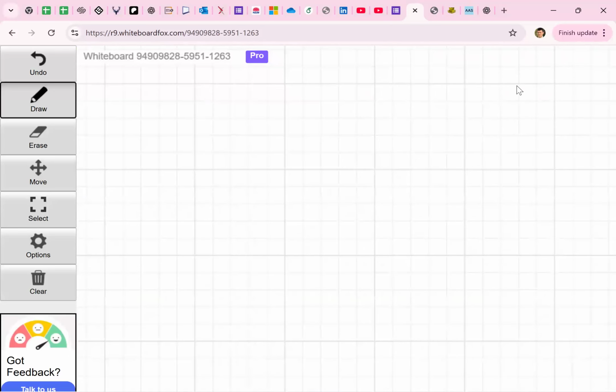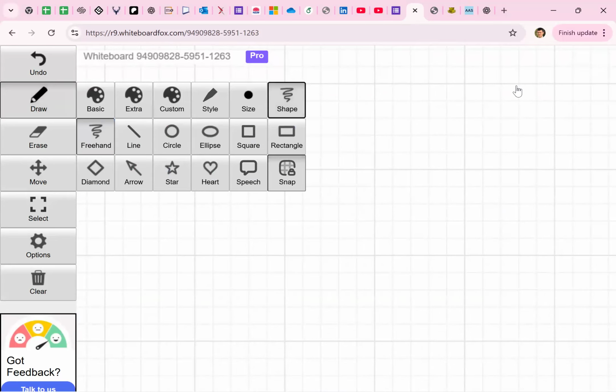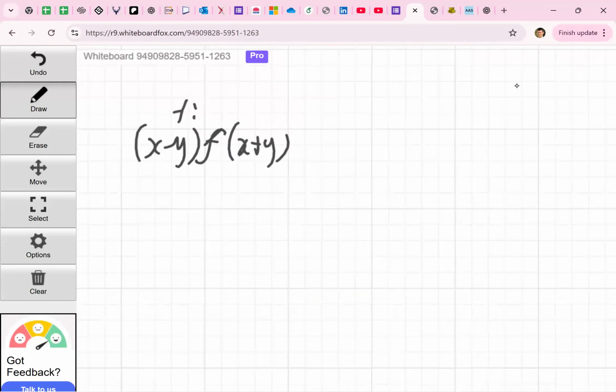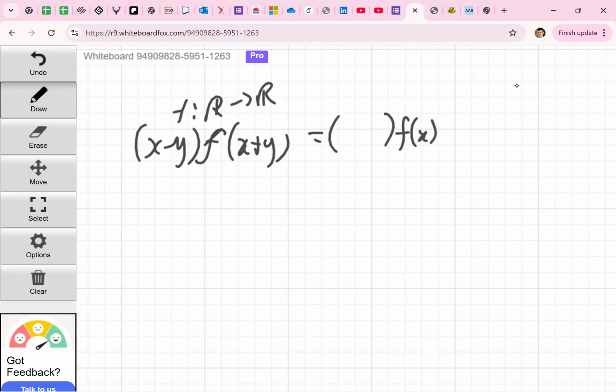Okay, so we've got this functional equation: f of (x plus y, x minus y), for reals to reals, equals... what was it again?